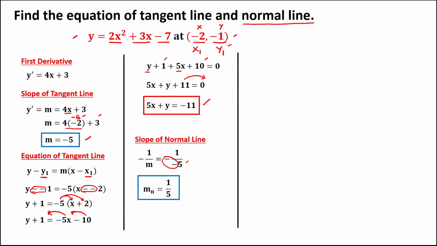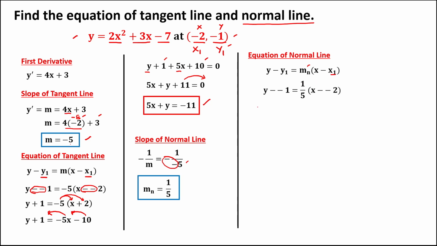Then to find the equation of the normal line, using this formula, we have y minus y sub 1, and y sub 1 is negative 1, equals, for the slope of the normal line, positive 1 over 5, times x minus x sub 1, that's negative 2.